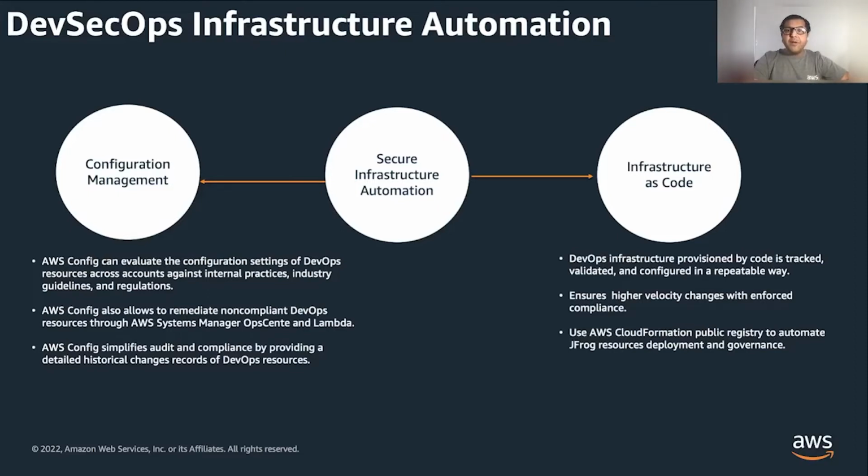This service provides us a view of how the resources are related to one another, how they are configured, and what are their historical changes. AWS Config can evaluate the configuration and the setting of the DevOps resources across accounts against the internal practices, industry guidelines, and regulations.